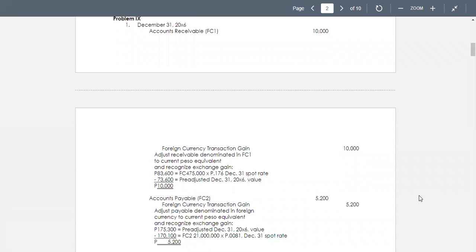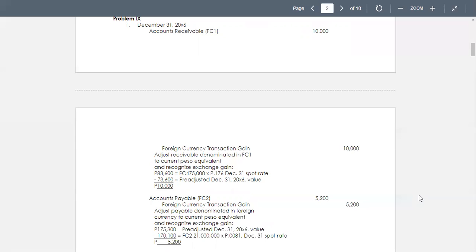So we have this entry on December 31, 2026. Then likewise, for FC2, we are going to debit accounts payable and credit foreign currency transaction gain for 5,200. Adjust payable denominated in foreign currency to current peso equivalent. So we have now the pre-adjusted amount on December 31, 2026 in the amount of 175,300. It's given, but it's pre-adjusted.